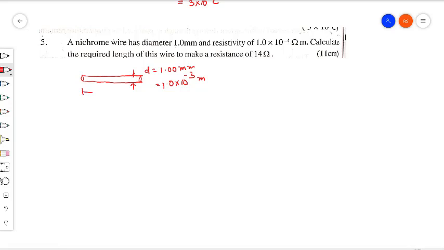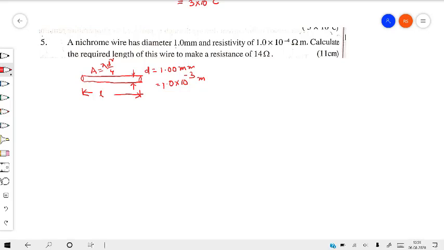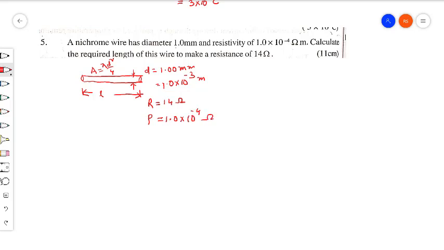Now suppose the length of the wire is L, and we can find out the area of cross section. Area of cross section is pi d square by 4, and the resistance of the wire is given as 14 ohms, and its resistivity is 1.0 into 10 to the power minus 4 ohm meter.